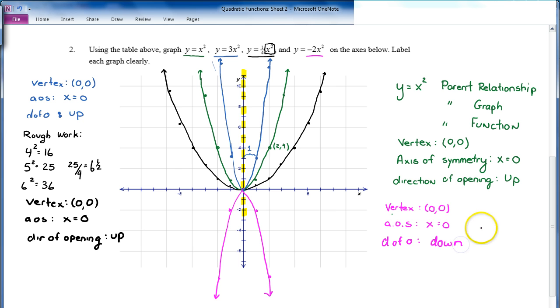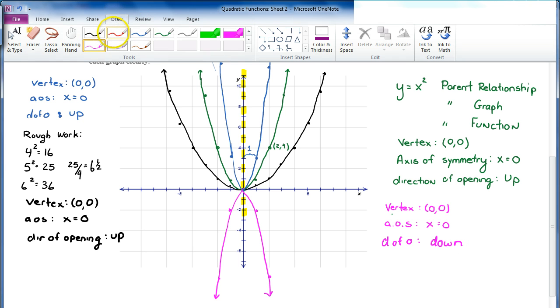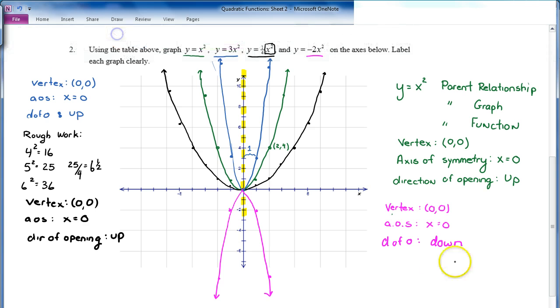And the reason why it's down, and this is a very important observation to make here, is that since the coefficient is negative, okay?